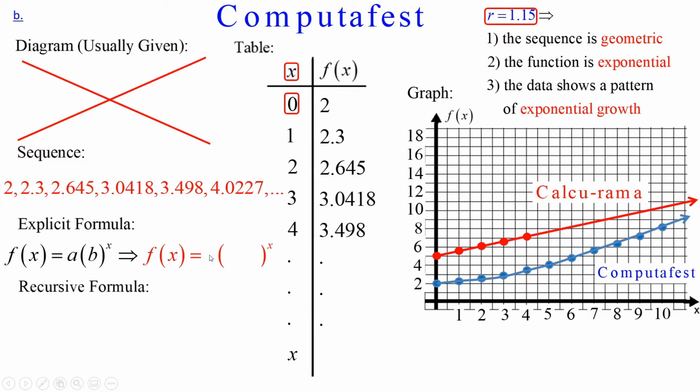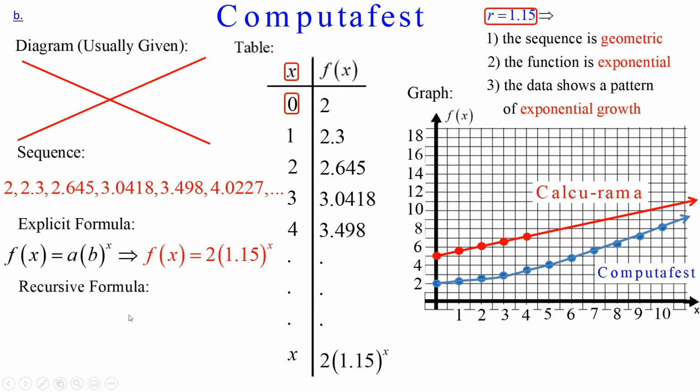Now, if we know what the a and the b are, we're set. Isn't a nothing more than our first output, 2? And isn't b nothing more than our common ratio, 1.15? So there is my explicit function right there. F of x equals 2 times 1.15 to the x power. Let's put that right here.